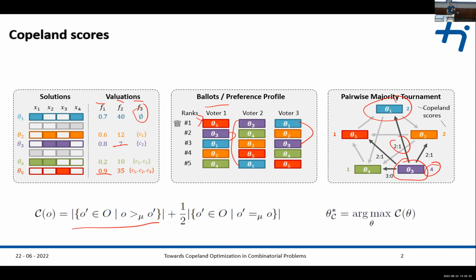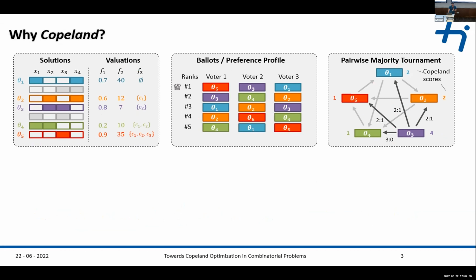And naturally, being optimizers, we want to get the solution that has the highest Copeland score. And actually, even though it's called the Copeland score, it goes back to the 13th century philosopher Ramon Lull. It's sometimes also called Lull's method. So you might wonder, this is really old related work, but they didn't have optimizers back then. So that's what we want to change.